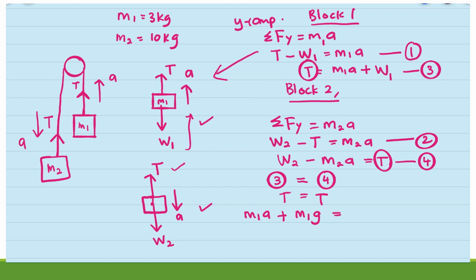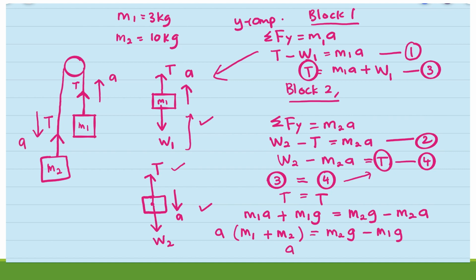And from equation 4, T equal to W2, which is M2g, minus M2A. So M1 plus M2 in brackets times A equal to M2g minus M1g.